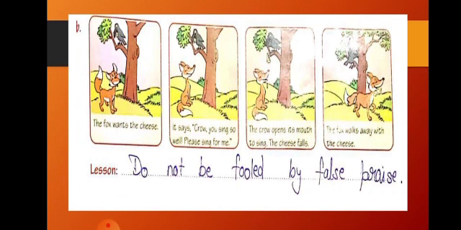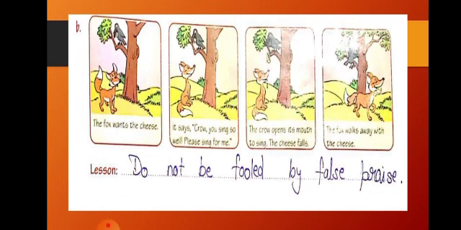Next one, you can see the picture. In the picture, a crow is there, and in its mouth you can see a piece of cheese. The greedy fox wants that cheese from the crow.